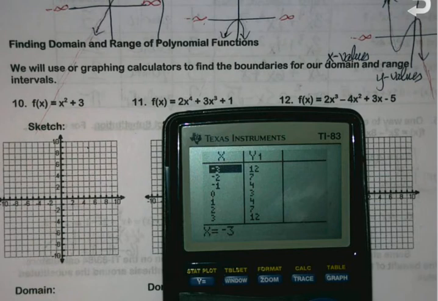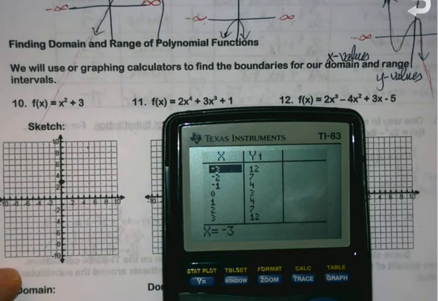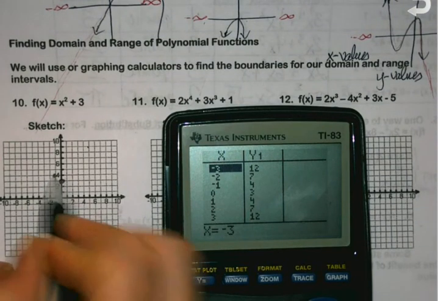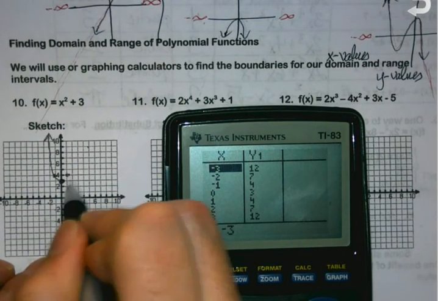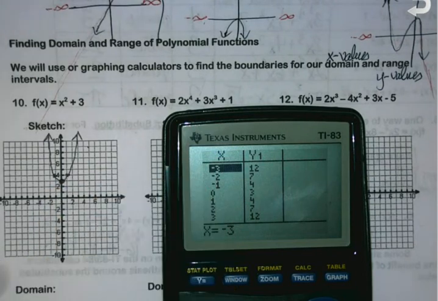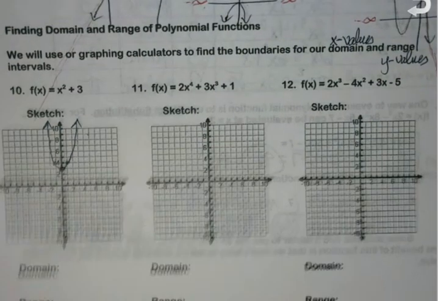I remember this. So 0, 3 would be my lowest point. And to be perfectly honest, from there, if I want to be real accurate, I can with some other points. But since I'm just doing a sketch to try and figure out my left, right, my up, down, once I get it sketched, here come the questions.